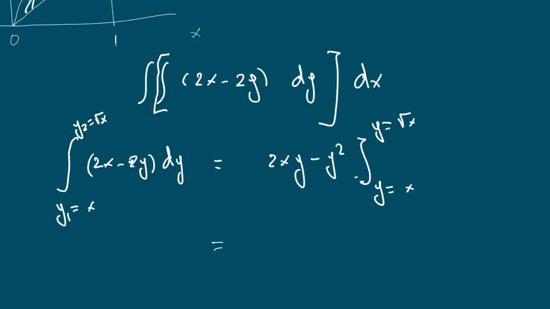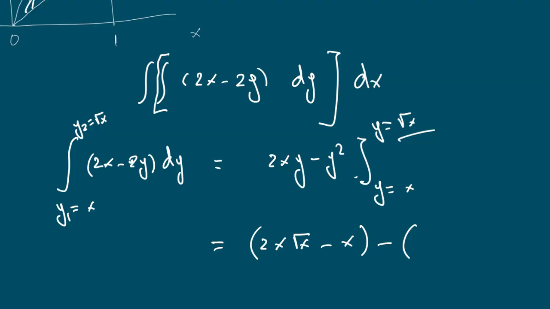When y is equal square root of x, it is 2x square root of x minus y squared, which is x, square root of x, minus the evaluation of the function at y equal x.